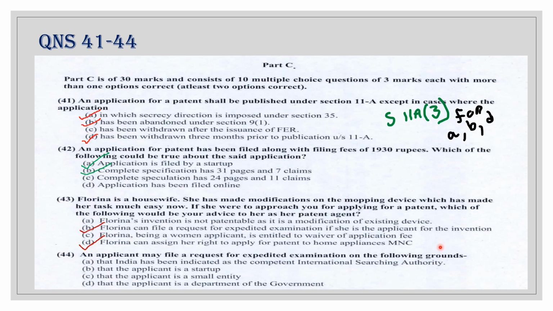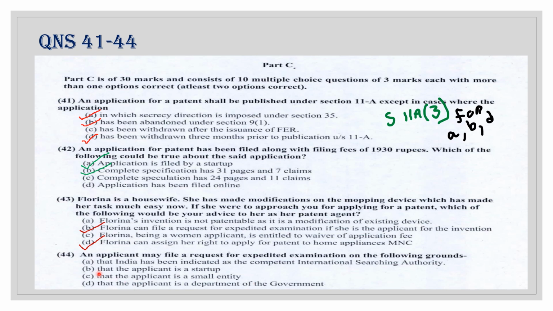No friends, waiver is not done. That means this provision is not there actually. Being a woman applicant, waiver of application fee, it is not there. That's why option C is not correct. Just remember that if it is applied online, then 10% rebate is there. Okay, so I hope question number 43 is also clear.